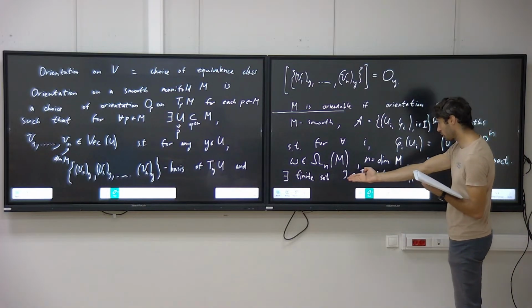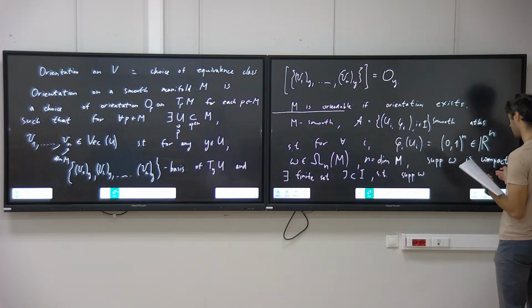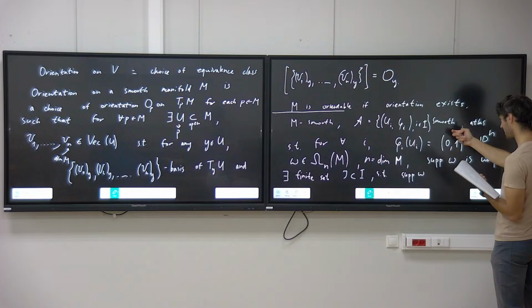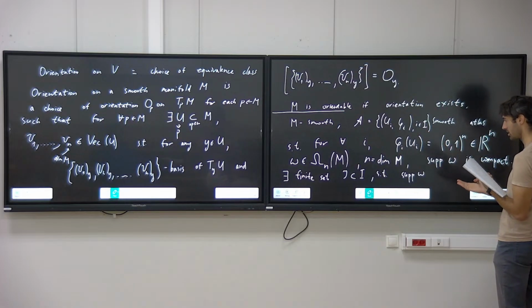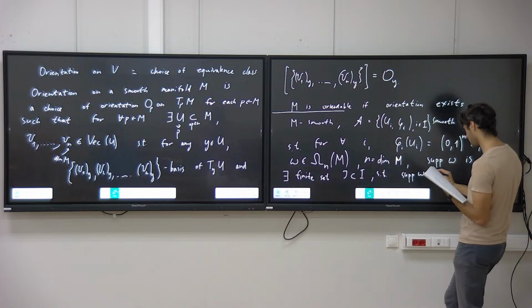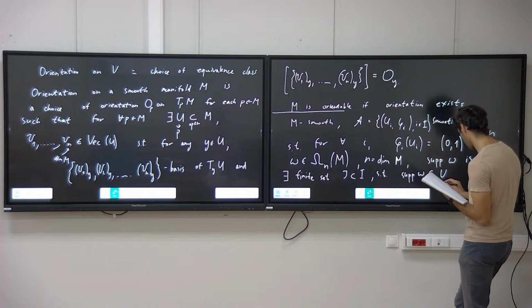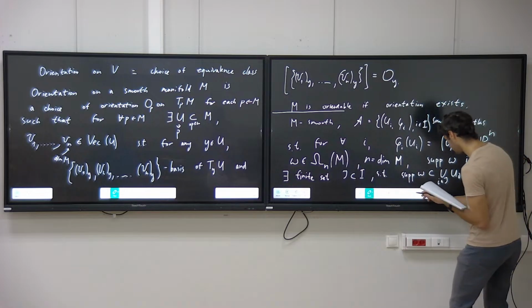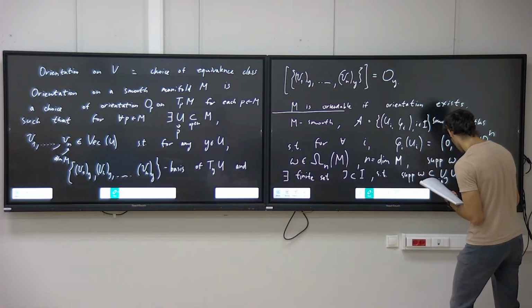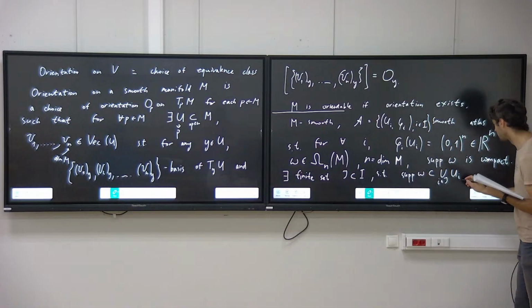So it actually means that support of omega is compact, and of course UI is a cover of this support, so therefore there exists finite set J such that support of omega is inside, so this is finite subcover, union over I in J of UI.